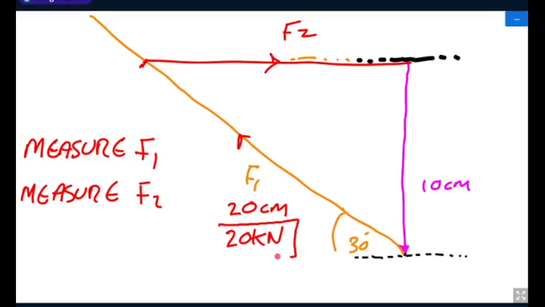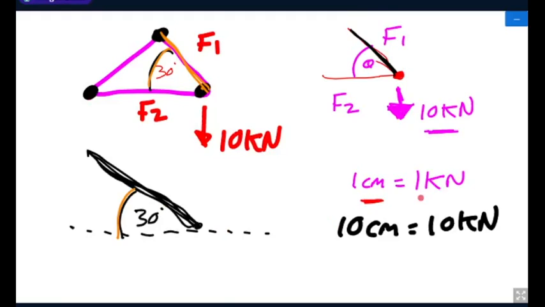All right, when you measure it, get your scale right, and then I would measure F2. Let's just say it looks a bit less than 20. Say it's 15. I don't know what these are, boys. If that was 15 centimeters, F2 would be 15 kilonewtons because 1 centimeter is 1 kilonewton.